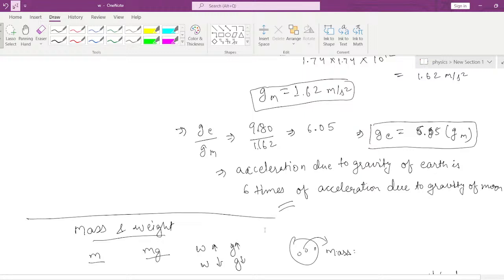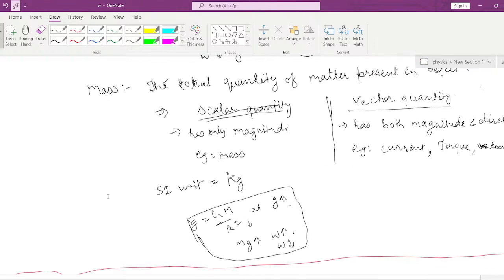Now we have a topic, free fall. Before moving to that topic, we have one more topic: mass and weight. Let me cover this topic.